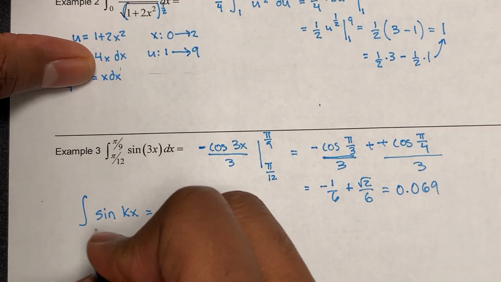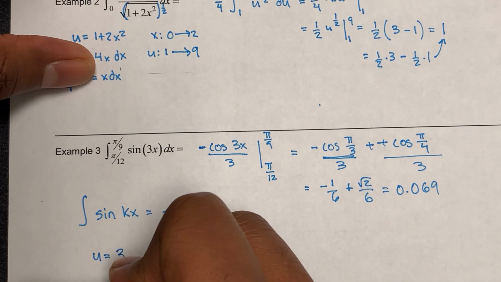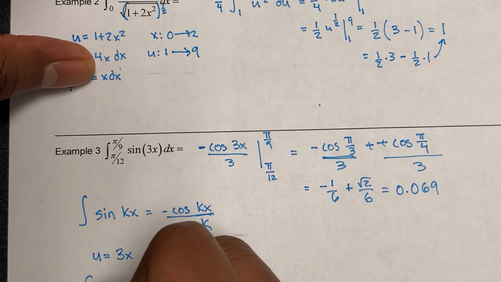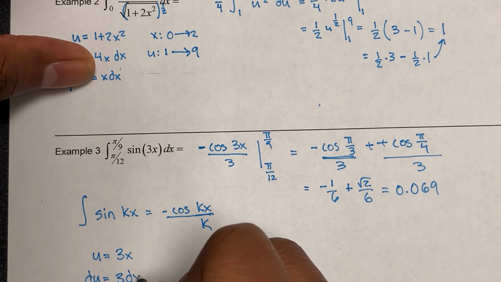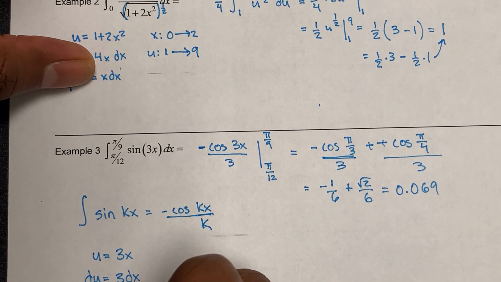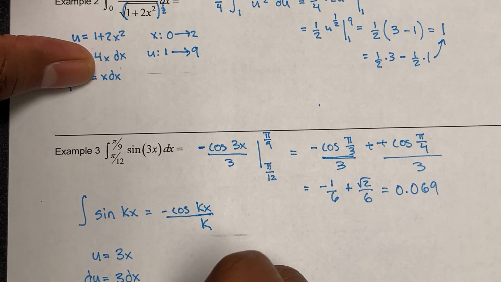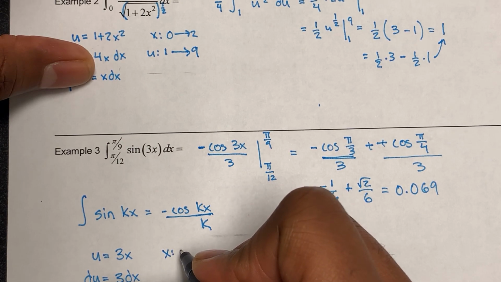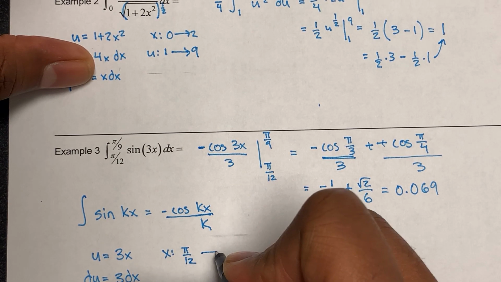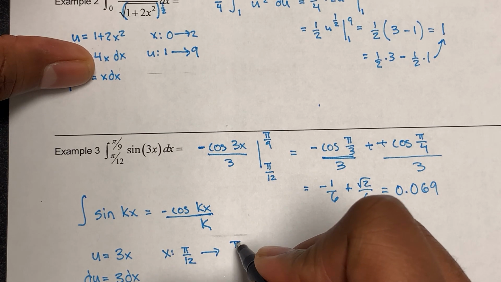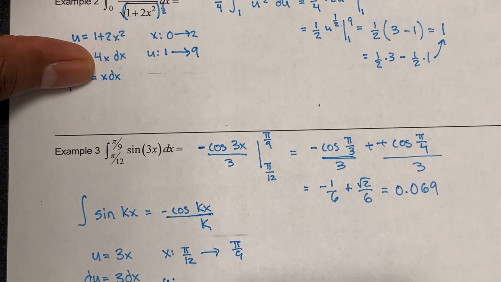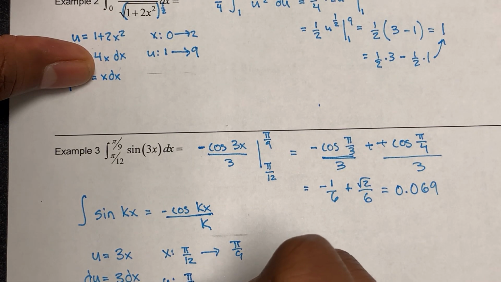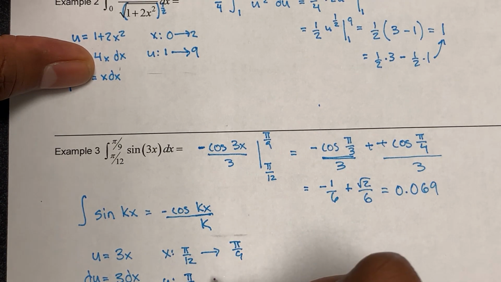If we did u-substitution, u would equal 3x and du would equal 3dx. So 1/3 du equals dx. The x limits are from pi over 12 to pi over 9. Our u limits: 3 times pi over 12 is pi over 4, and 3 times pi over 9 is pi over 3.